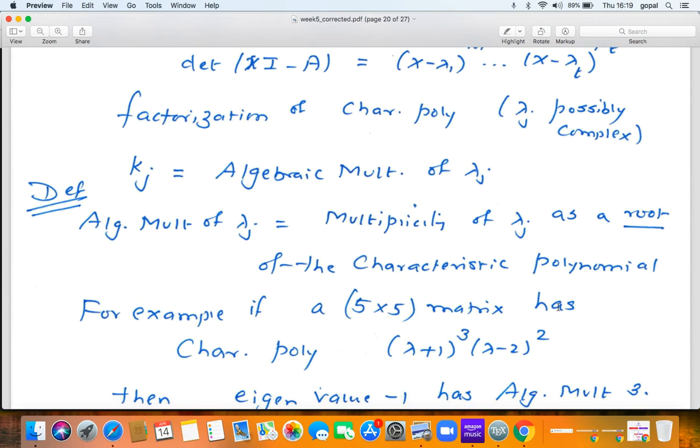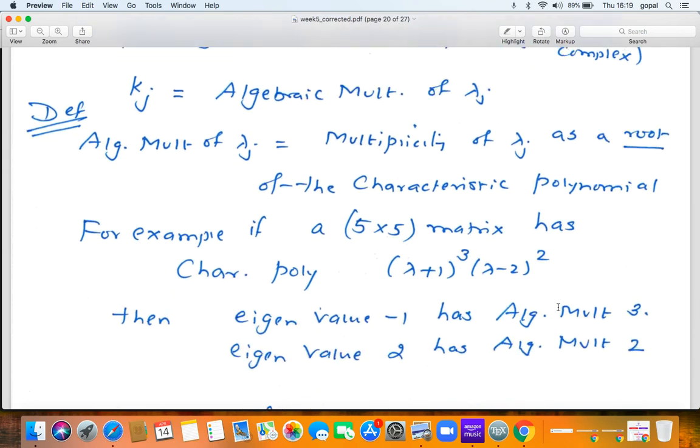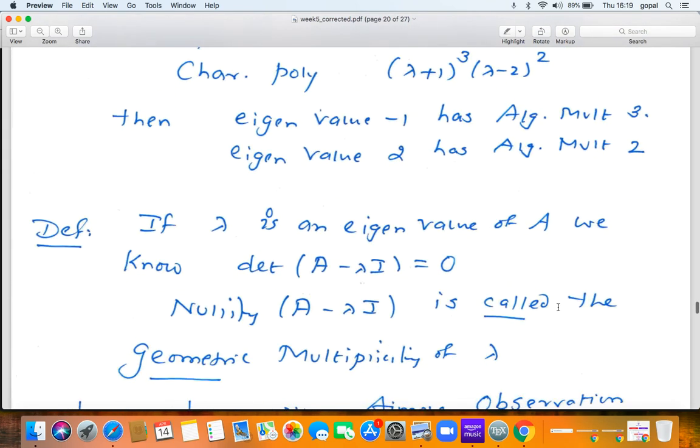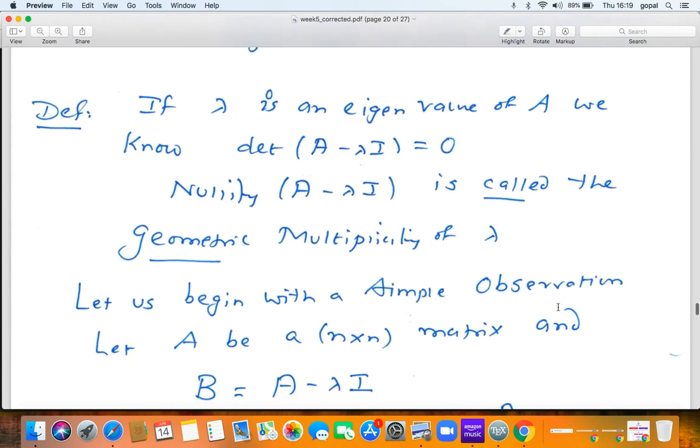Then you will say that the eigenvalue minus 1 has algebraic multiplicity 3. The eigenvalue 2 has algebraic multiplicity 2.